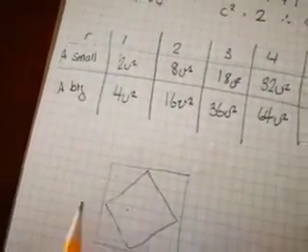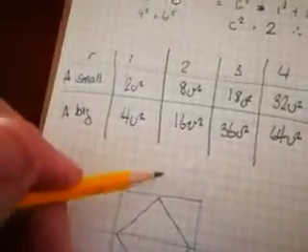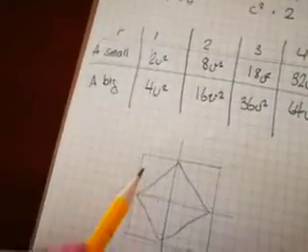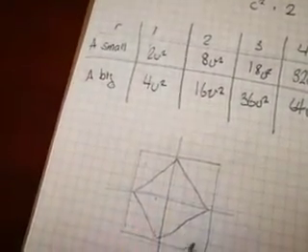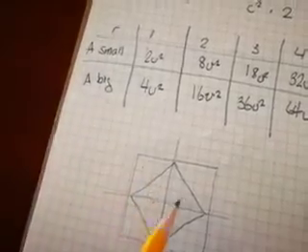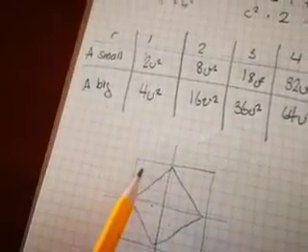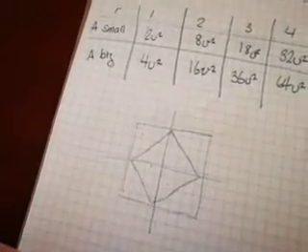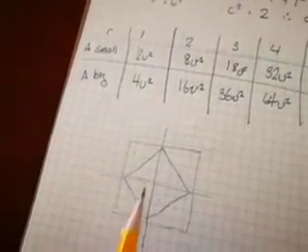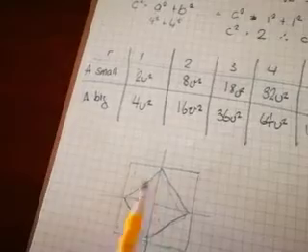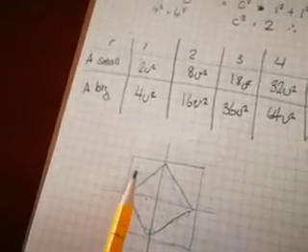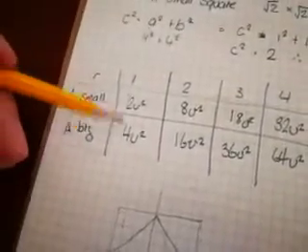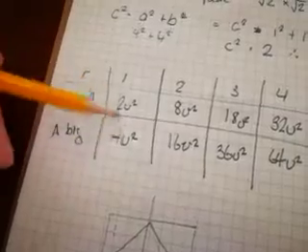And that makes sense because if I divide this into 1, 2, 3, 4, 5, 6, 7, 8 parts, I've got 1, 2, 3, 4 parts in the small square, and another 1, 2, 3, 4 in the big square. So the small square should be half the size of the big square. And that's exactly what the case is here.